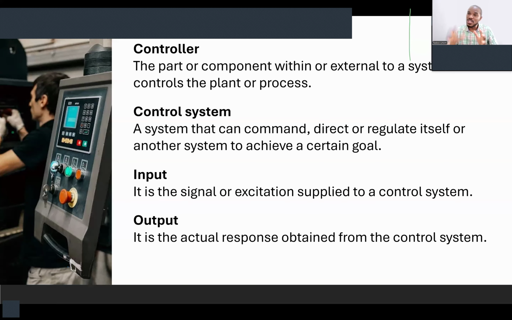You will have equations that represent systems. When you look at, for example, a cooling system, the AC, there are many heat equations that you've done in your thermodynamics and will still do in your final year.